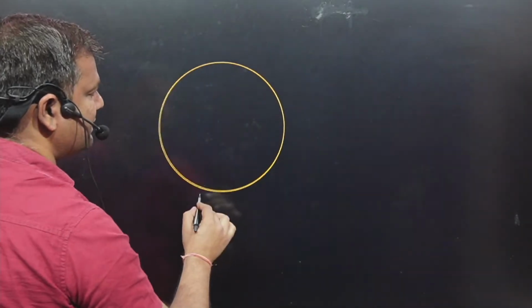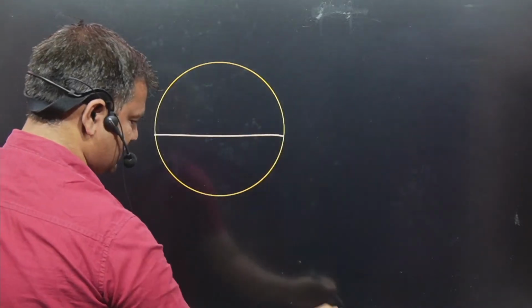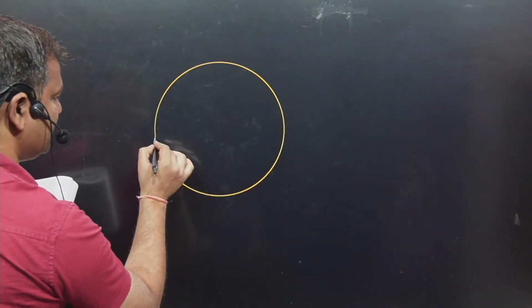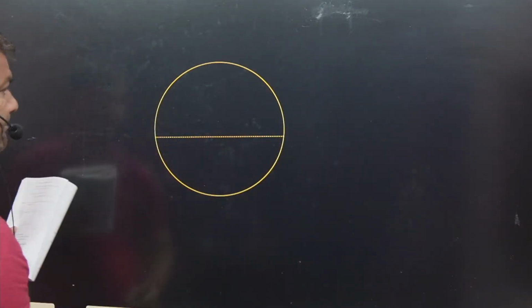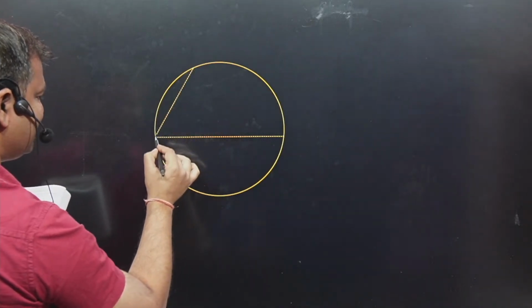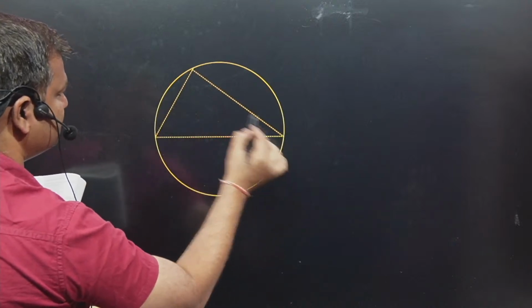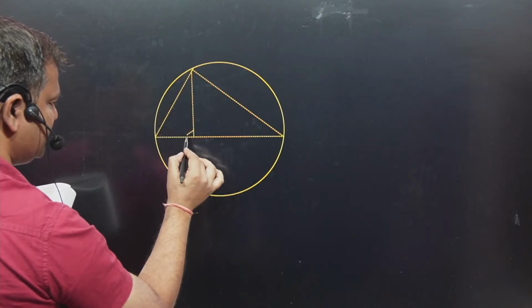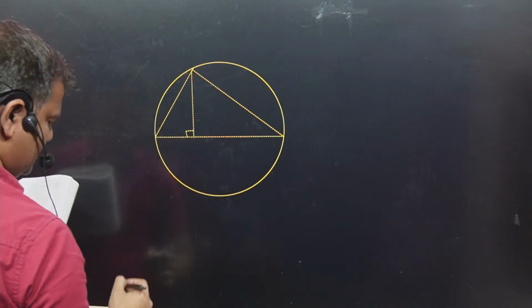Basically, if you draw a circle like that one, according to the question, this one is a diameter, and this one is 90 degrees.